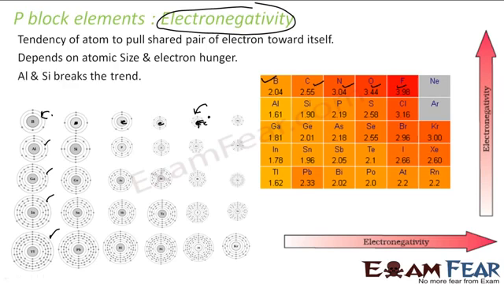And in this case, aluminum and silicon break the trend somewhere. If you go down, you see this decreased and there is an increase here. Similarly, this decreased and this increased here. So they generally break the trend in the p block.